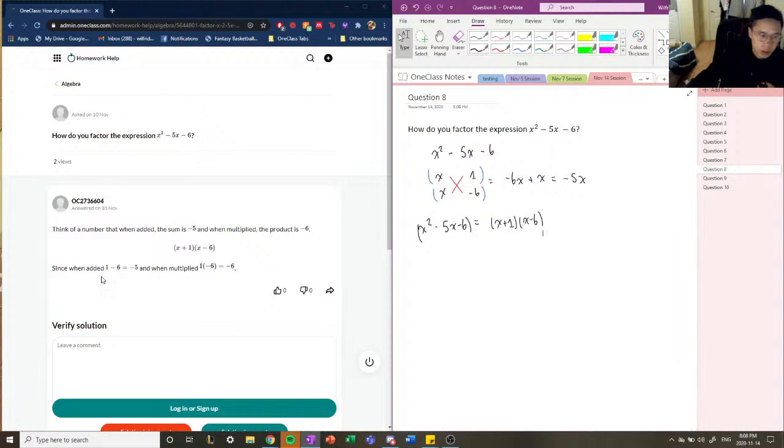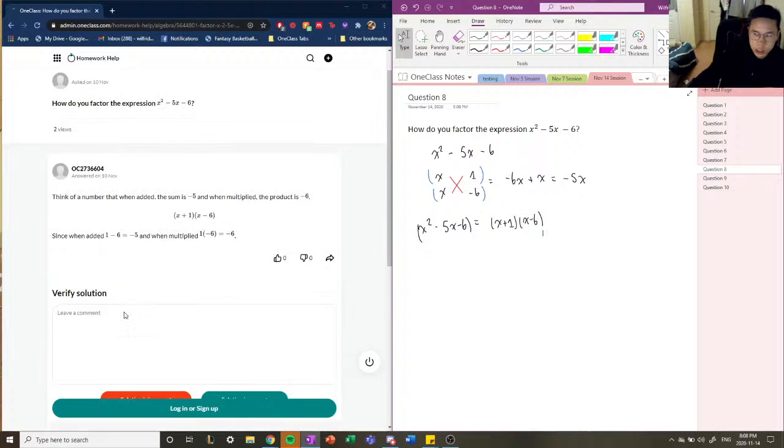Alright, so the junior tutor didn't really provide an understandable solution to this. They just said, think of numbers that when added, the sum is negative 5, and when multiplied, the product is negative 6. Since when added, 1 minus 6 equals negative 5, and when multiplied, 1 times negative 6 equals negative 6.